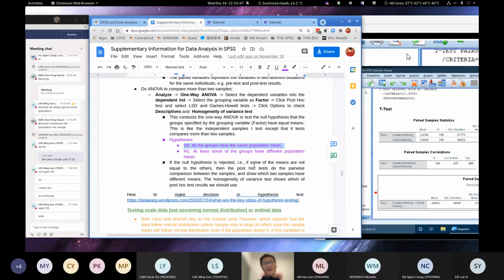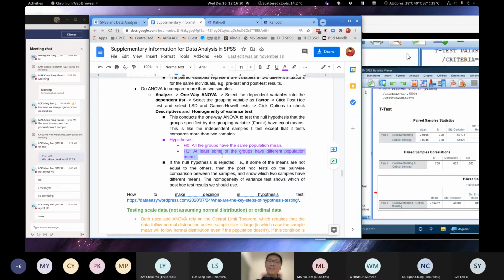Now, the alternative hypothesis is the opposite of that, but notice the opposite of H0 is not that all the groups have different population mean. If they do not have the same population mean, it doesn't mean that all of them should be different from one another. Instead, the alternative hypothesis is that at least some of the groups have different population mean.